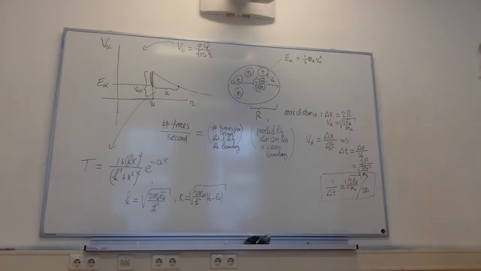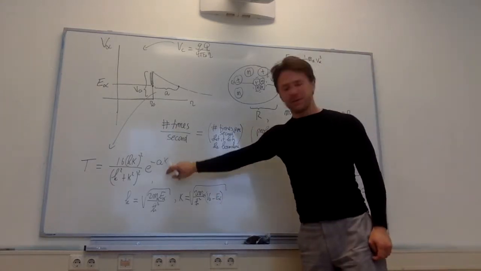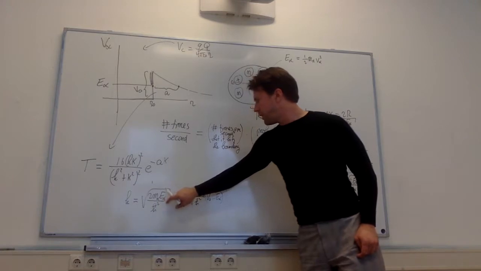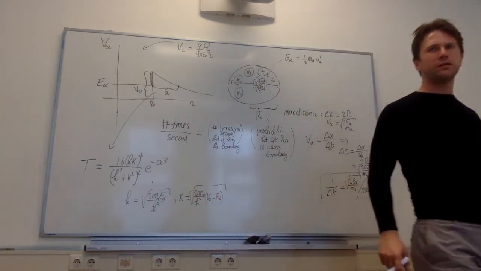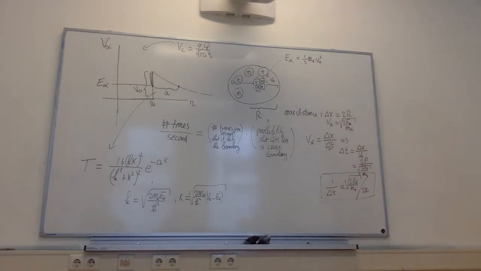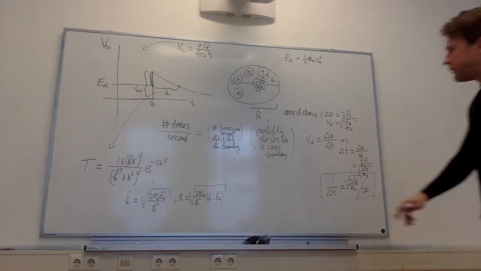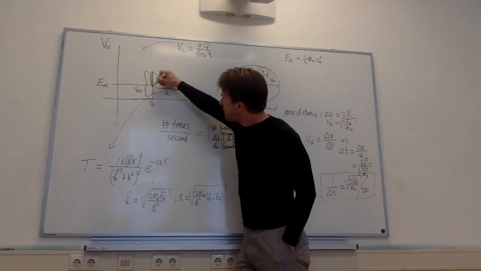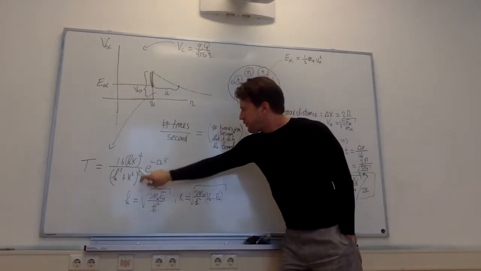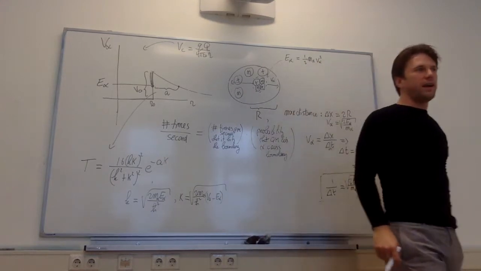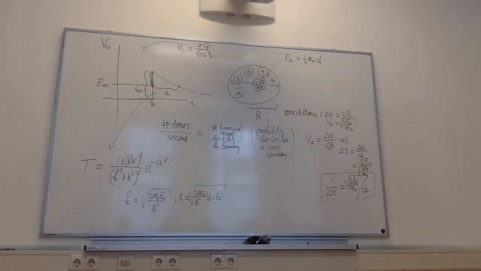The K would say that if you have more energy, it becomes more difficult to come flying out. That doesn't sound physically right, so I could correct myself there. So you can see that the more the alpha particle lacks energy, the more difficult it gets for it to come flying out.